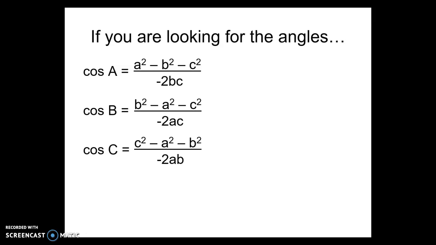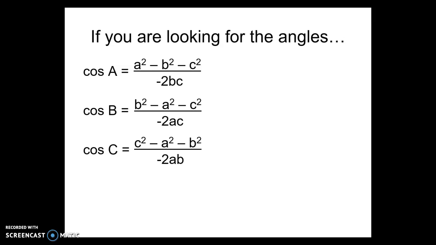Now, these formulas are basically the same formula, only we reworked them and solved for the angles. So you see A, B, and C are the angles, and you can use these formulas to figure out the angles once you know all the sides. You could use these formulas pretty directly.